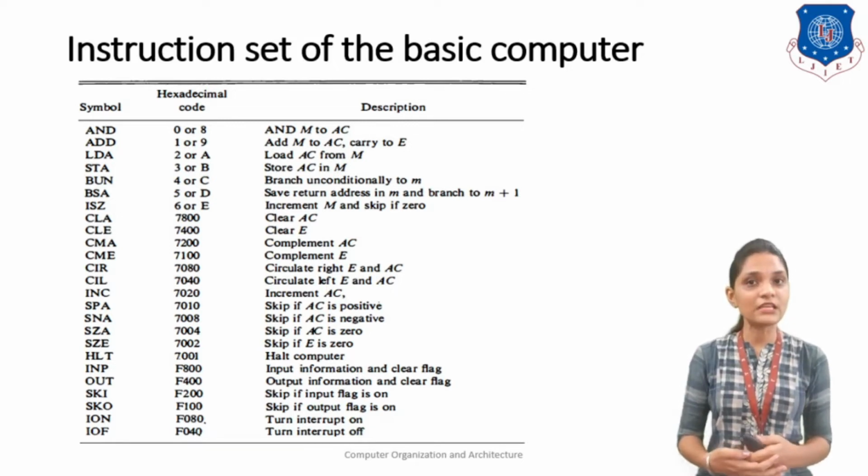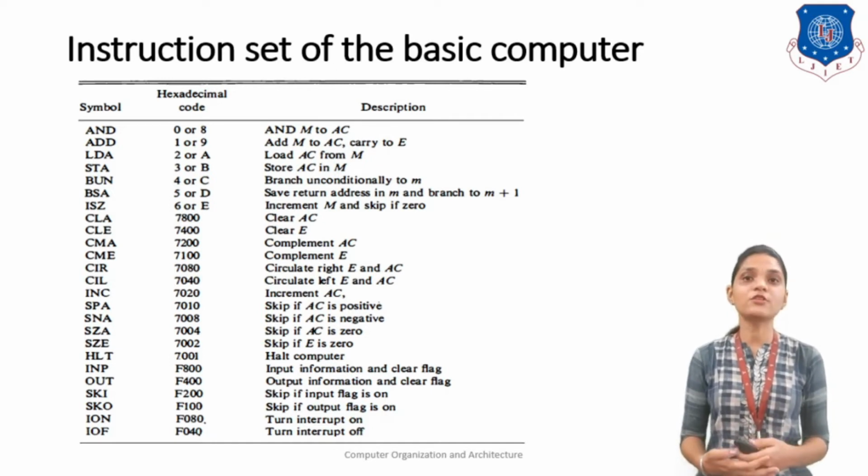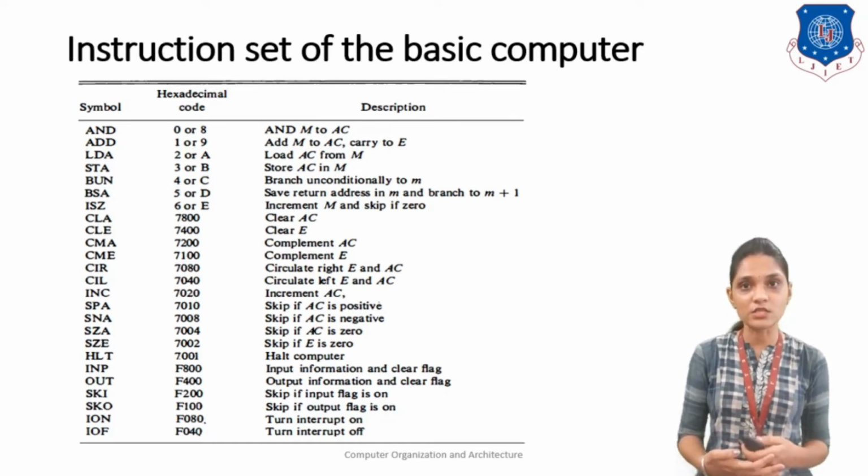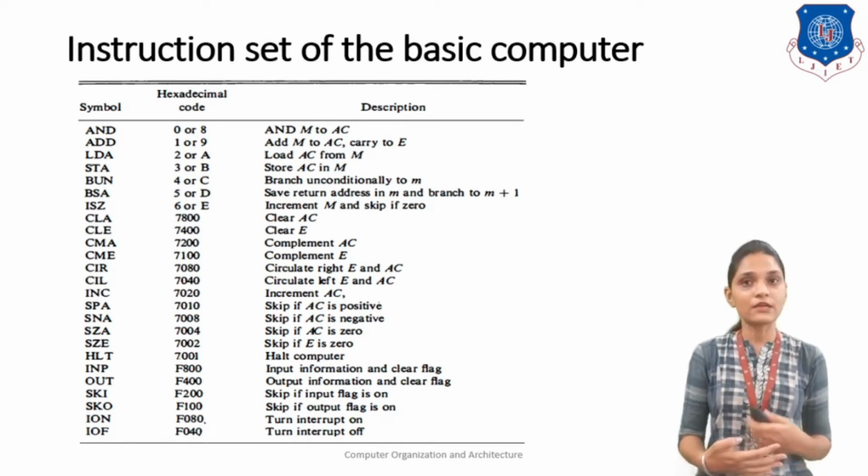That instruction increments the content of a memory location and skips the next instruction if the result is 0. In this way you can use all of these 7 memory reference instructions, and for them we have hex codes 0, 1, 2, 3, 4 or 8, 9, A, B, C, which we have already learned.